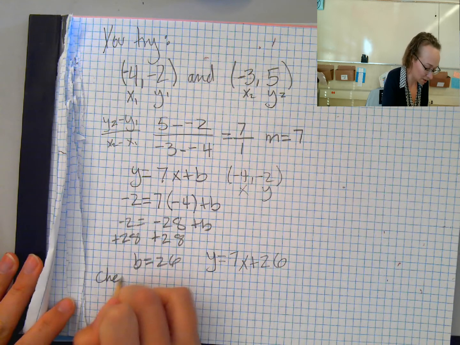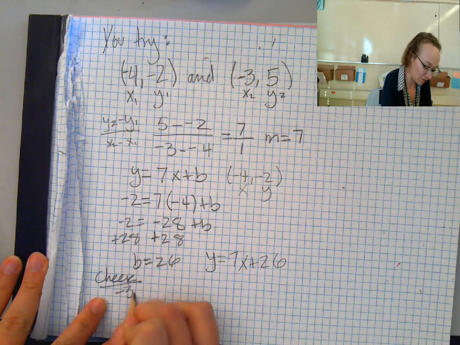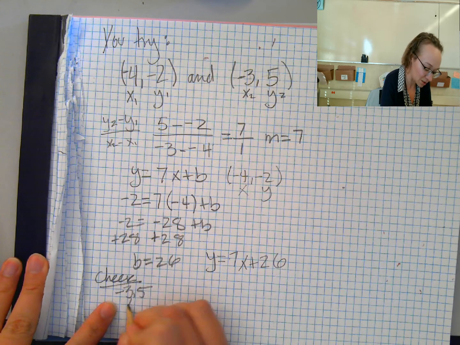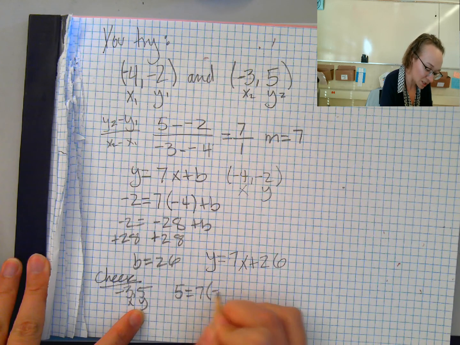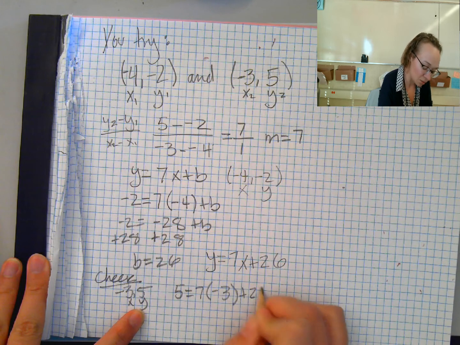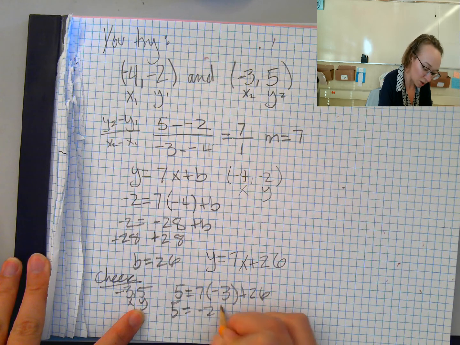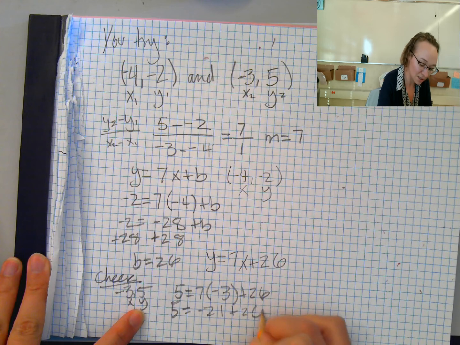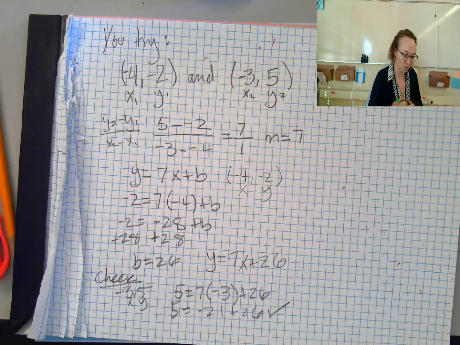So check. We're going to do (-3, 5) as my x, y. So 5 equals 7 times negative 3 plus 26. 5 equals negative 21 plus 26. Yes, indeed, that is true.